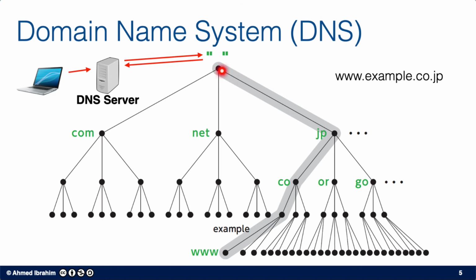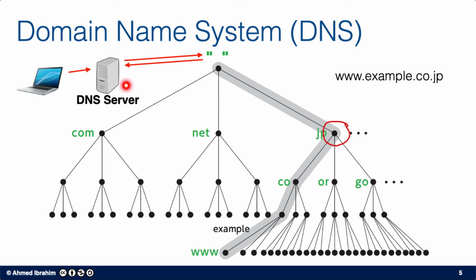At this point, this DNS server doesn't know the IP address for this domain name. So it sends a response back. It says, I don't know, but I know the IP address for JP, which you can query for the host name that you're looking for.